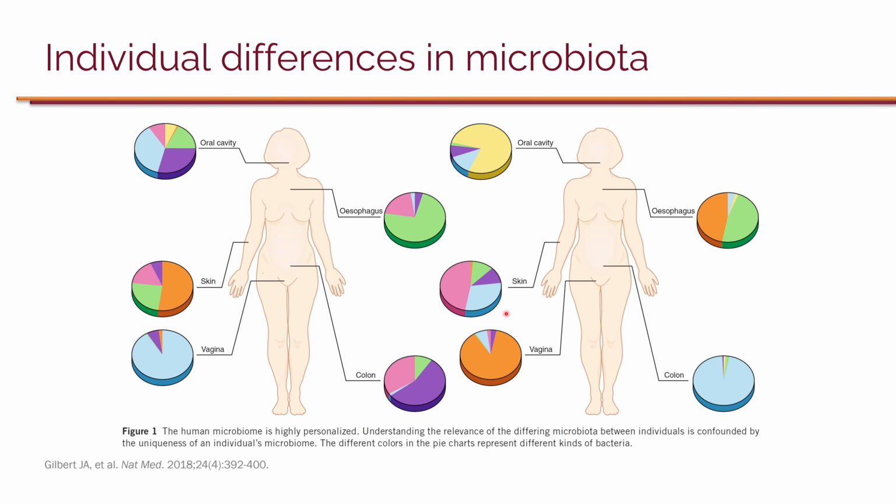So it's really difficult to define a specific composition of microbiome that's considered healthy, because you're going to have multiple definitions, and what's the right microbiome for an individual, it's a question that's still open for research.